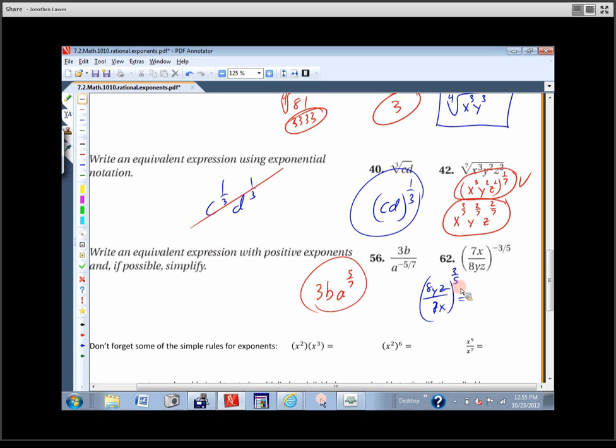What root would this be? Fifth root. So we're looking for groups of how many? Groups of 5. But that's if we wrote it as a radical, then we could take something on the outside. We can't do that with any of these, so I'd probably leave it like that. I suppose you could write this 8 to the 3/5, y to the 3/5, z to the 3/5, 7 to the 3/5, x to the 3/5.